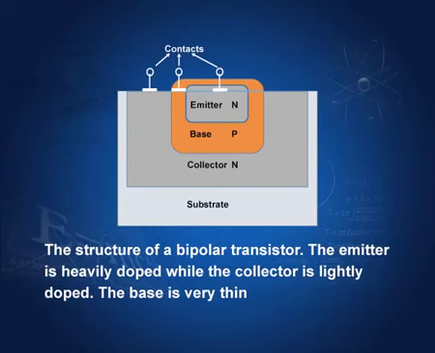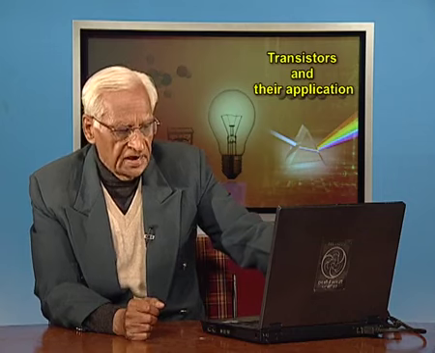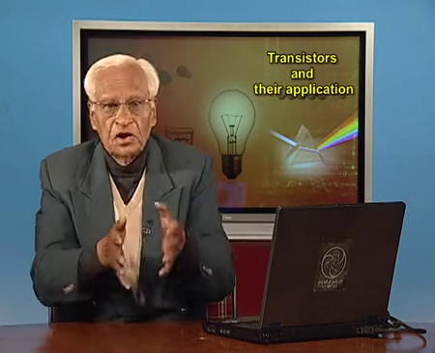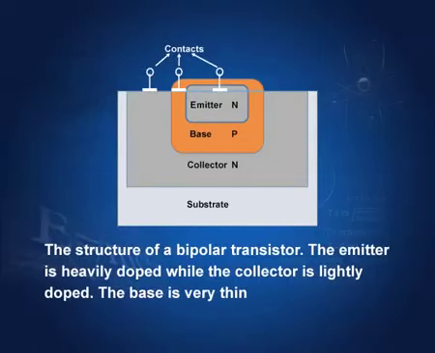The doping of emitter and collector is also different. Emitter is highly doped to have more electrons, more carriers, and collector is doped only to make it conducting. So, there is a difference in doping and there is a difference in thickness, and this base is very thin.